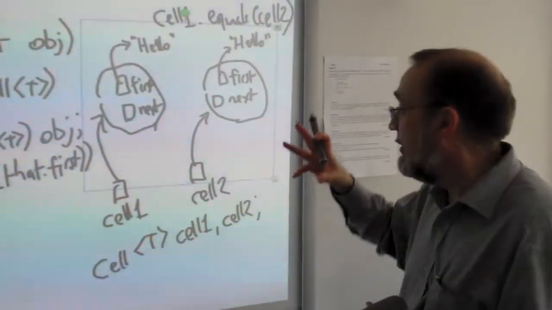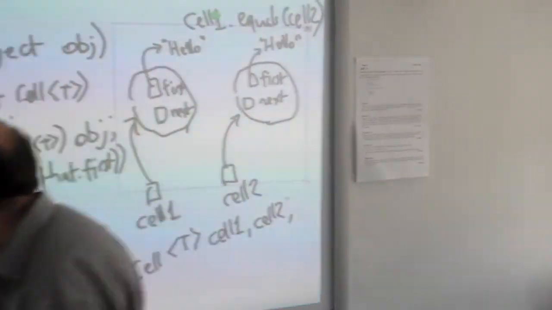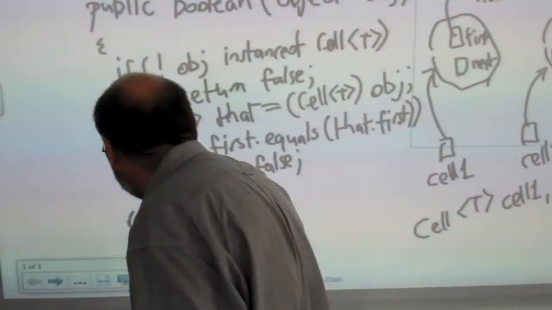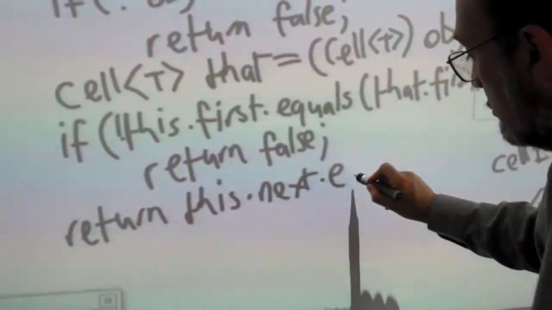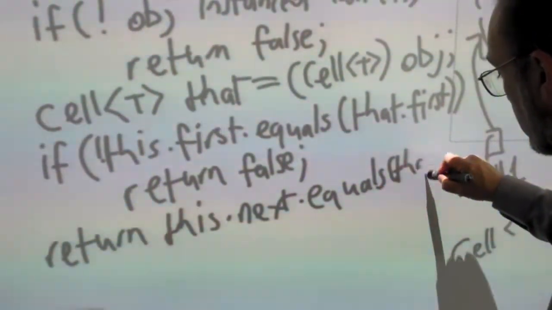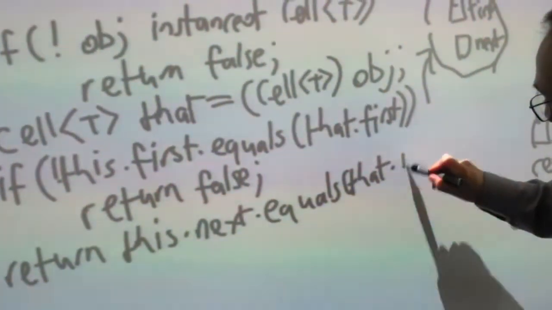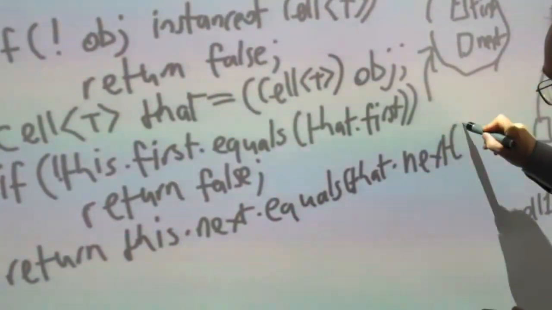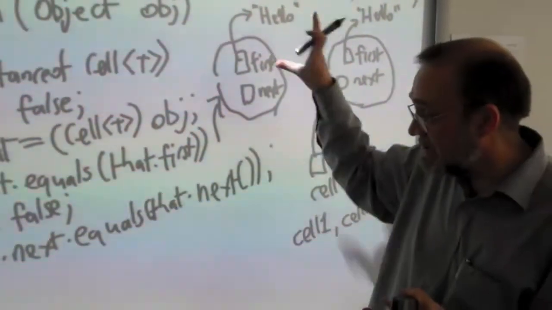Now, they're only equal if the next are also equal, but that's a recursive call. So if the next are equal, then the whole thing is equal.